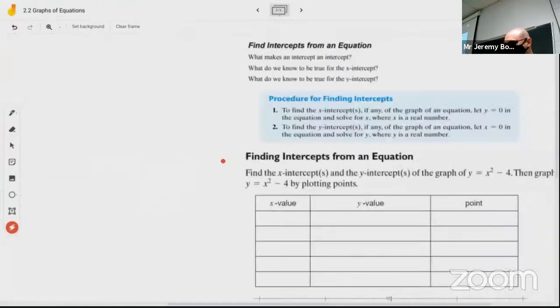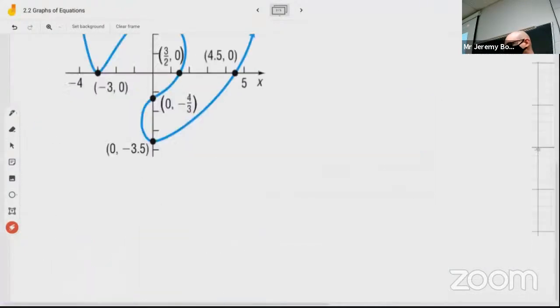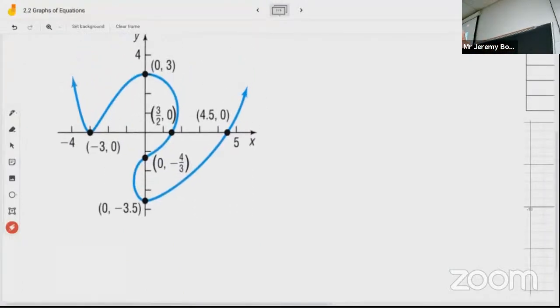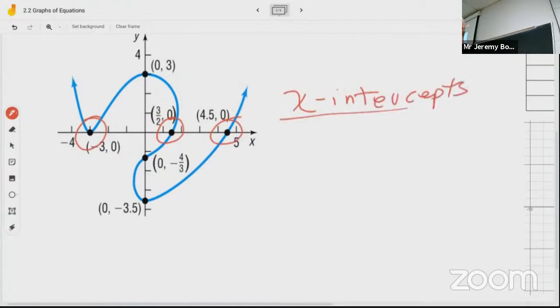Okay, let's look at those. Let me mark all the x-intercepts. So these are all my x-intercepts. We'll start shorthanding it later, but we'll do the whole word for it. Do you notice anything in common with all those? Negative 3 comma 0, 3 over 2 comma 0, 4.5 comma 0.